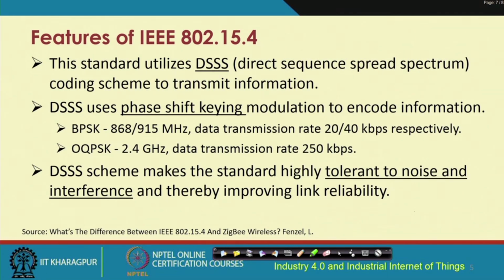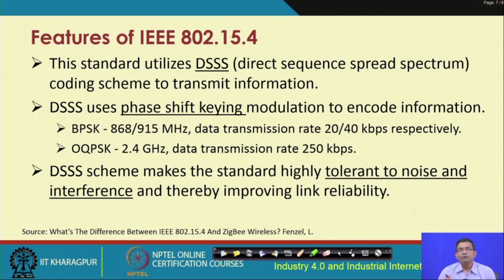So, DSSS uses phase shift keying modulation. All of these things, if you do not already know, it will be a little difficult for you to follow, but just briefly, the modulation scheme is known as PSK modulation, phase shift keying modulation, to encode the information. The information will have to be encoded using PSK and the different variants of it.